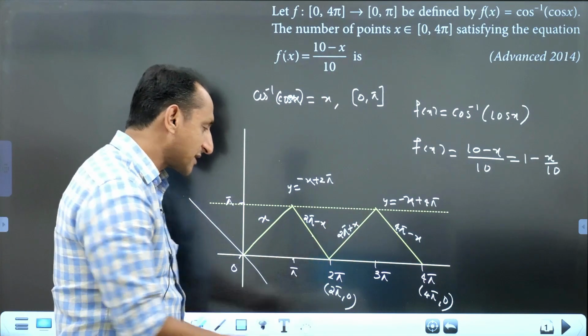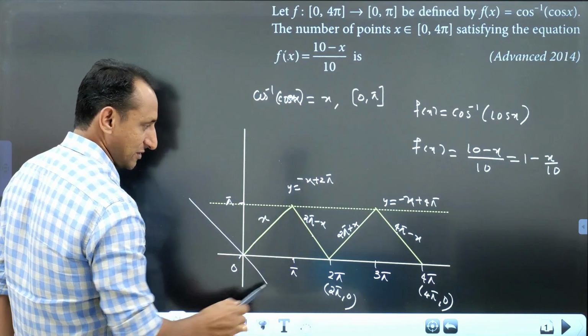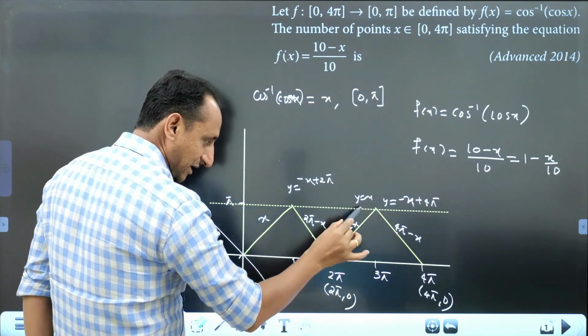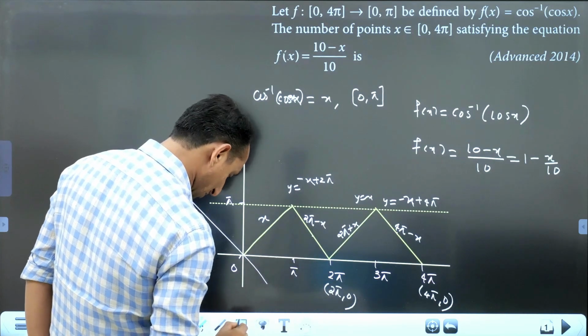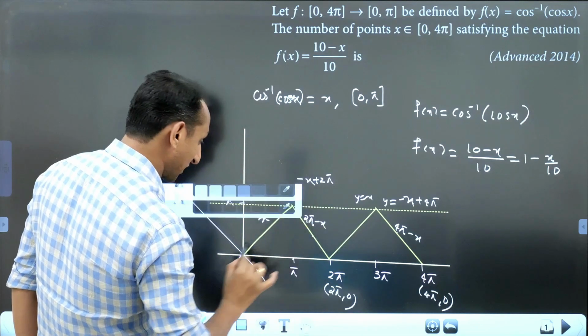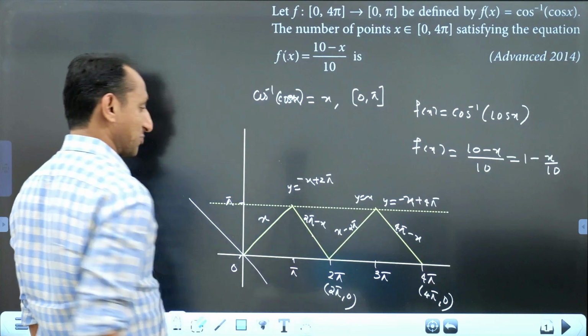But this graph is of the form y equal to x, symmetric to this graph. This graph passes through the point 2 pi, 0. So this function, small change, it becomes x minus 2 pi.